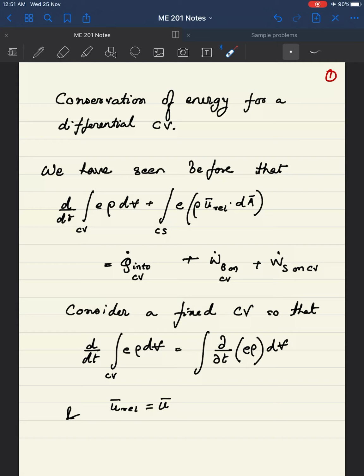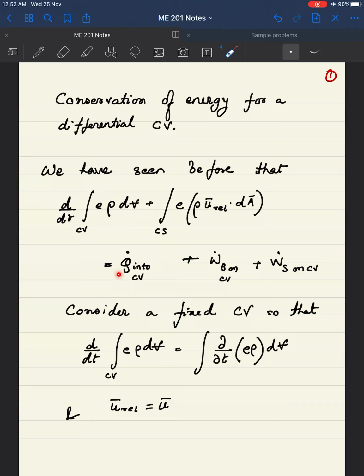Or you can just go ahead and use the integral formulation to start with, and this is the integral formulation. Remember here, the E here is the specific total energy, and that is the specific internal energy plus the kinetic energy. Now I think in your book the E here is slightly different than what I have taken.